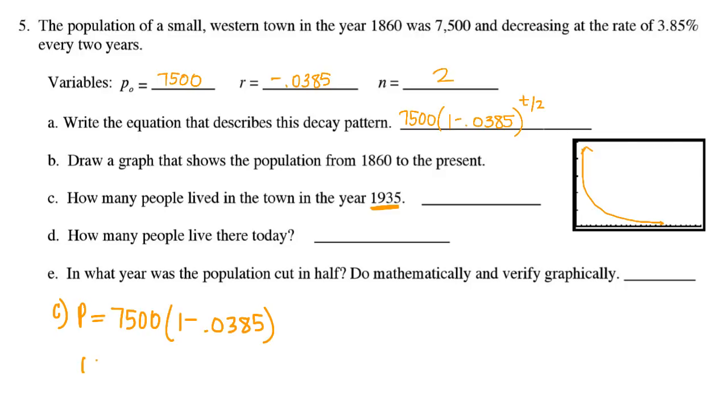How many years has changed from 1860 to 1935? If we subtract those, it looks like about 75 years is our time frame. So my time frame would be 75 over 2.